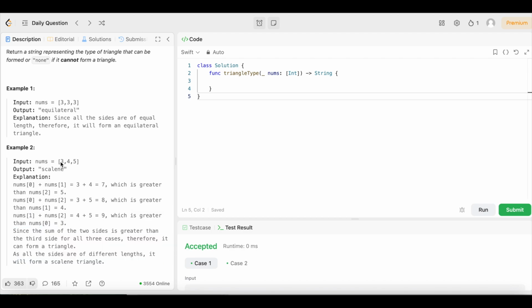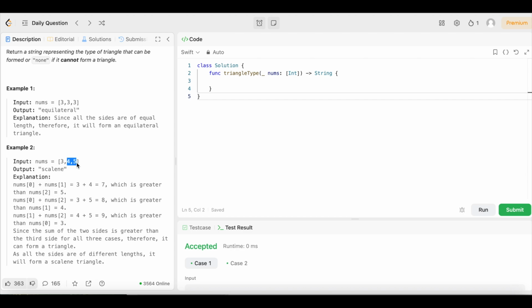So once again, when we add two sides together, they should be greater than the remaining side. Sorry, I said it wrong earlier. If we add two sides together, they should be greater than the side that's not included in the addition, right? In this case, if we add 3 and 4 together, that's greater than 5.